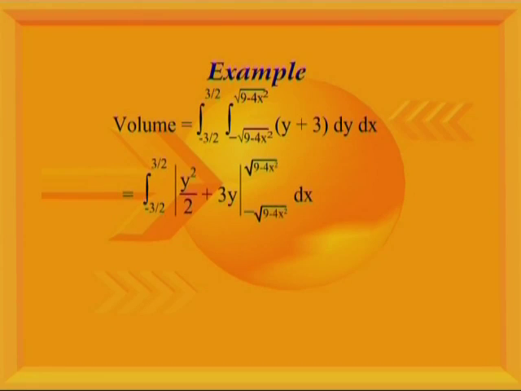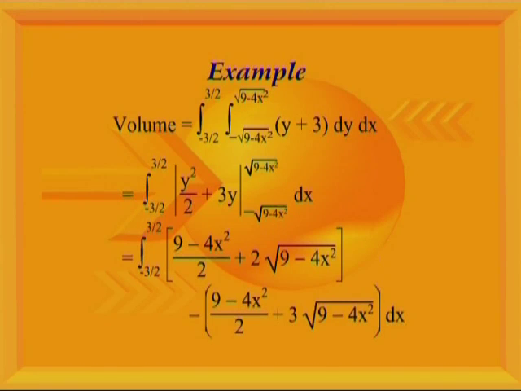Integrating y plus 3 with respect to y, we get y square over 2 plus 3y. And now substituting the limits for y, we get integration of bracket 9 minus 4x square over 2 plus 3 into square root of 9 minus 4x square minus 9 minus 4x square divided by 2 plus 3 into square root of 9 minus 4x square.